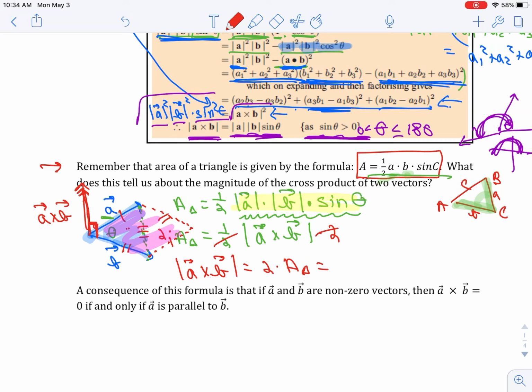So this is the area of the parallelogram formed by A and B. Okay, so that's something that might come in handy sometimes.